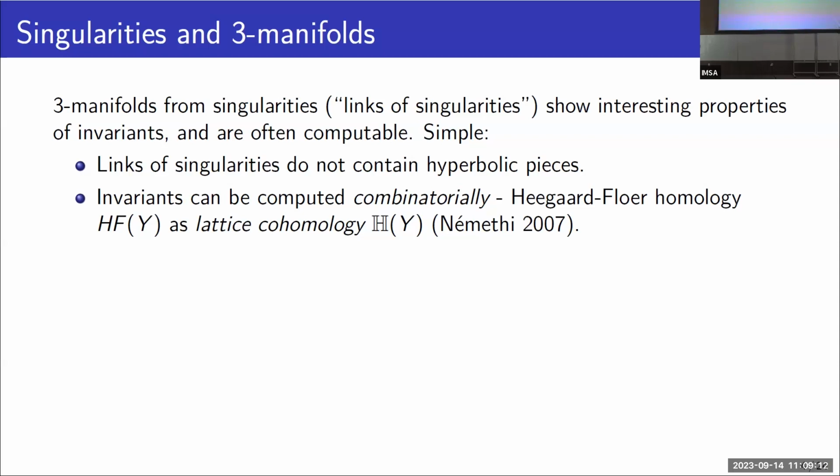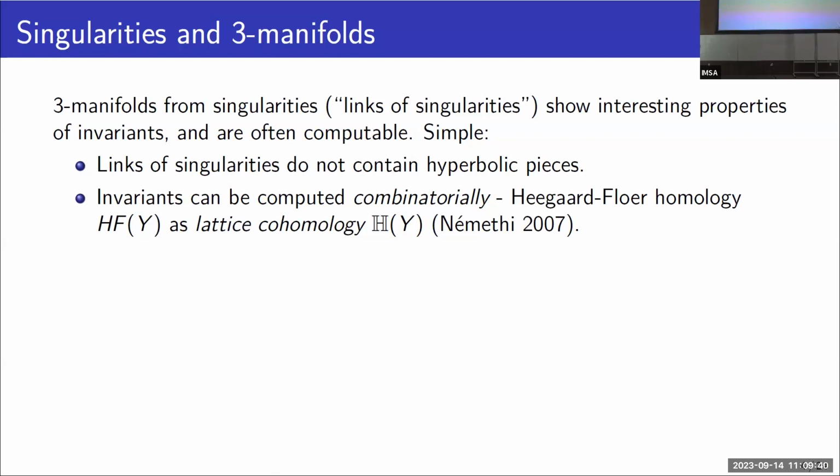A very important example is Heegaard Floer homology of Ozsváth and Szabó. And this one has a combinatorial version for these kinds of manifolds, which goes by the name lattice cohomology. It was developed by Némethi and used for computations of Heegaard Floer homology.